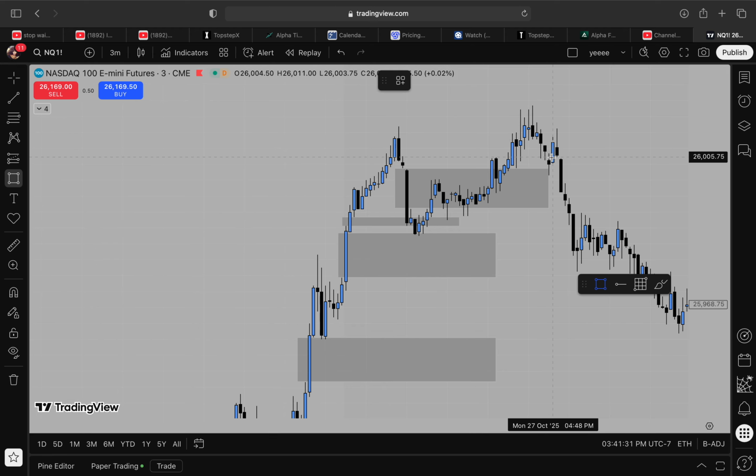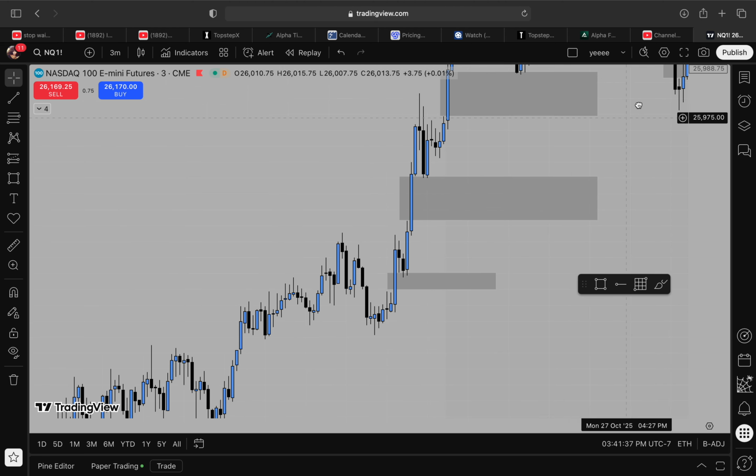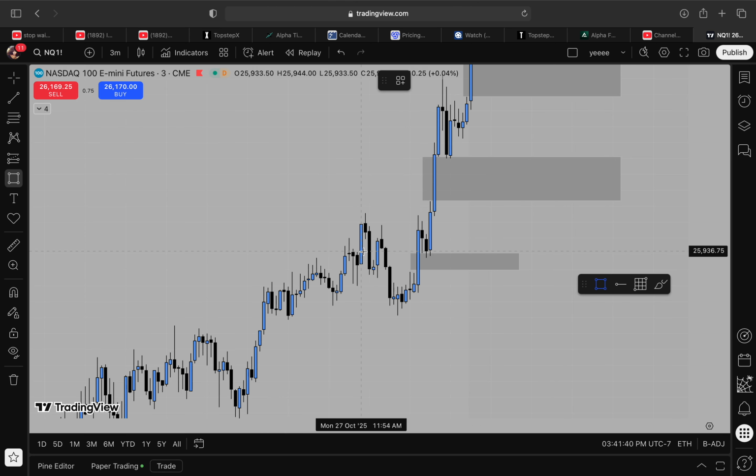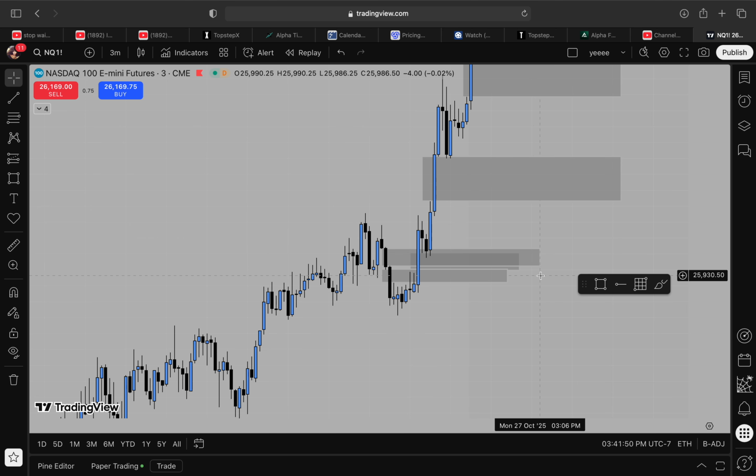Look, literally any gap that you see. This is a fair value gap. This is a fair value gap right here. This is a gap right there. Oh, literally all those are fair value gaps. This is a fair value gap.